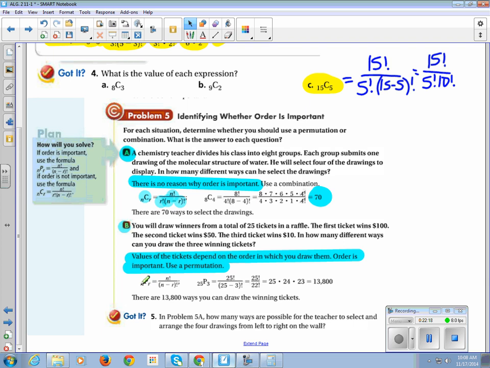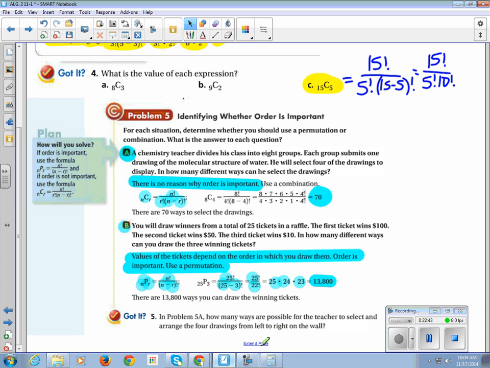So when we have 25 and we're choosing 3 to be our winners, but order matters, you got 25 factorial divided by 25 minus 3 factorial. That simplifies to 25 factorial divided by 22 factorial. And that's 13,800.